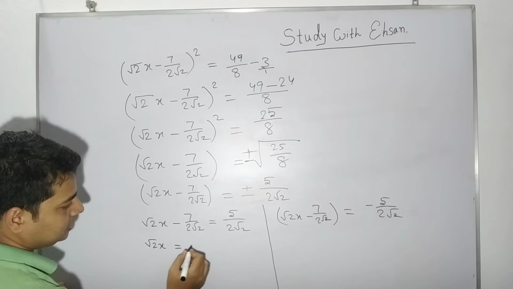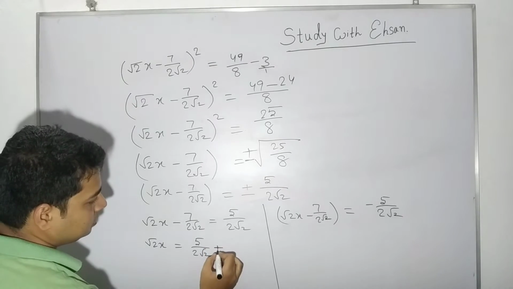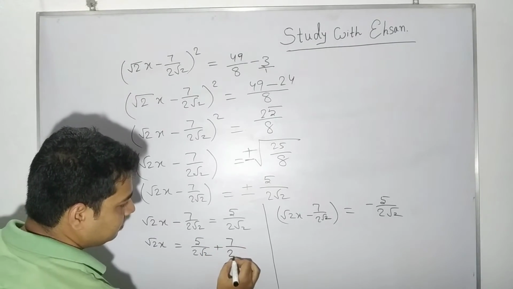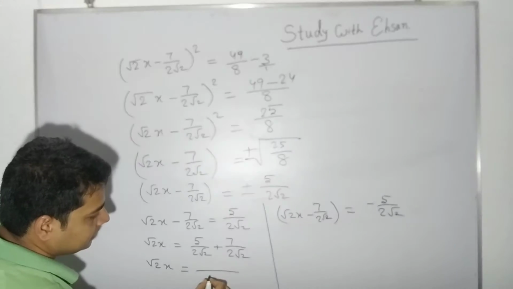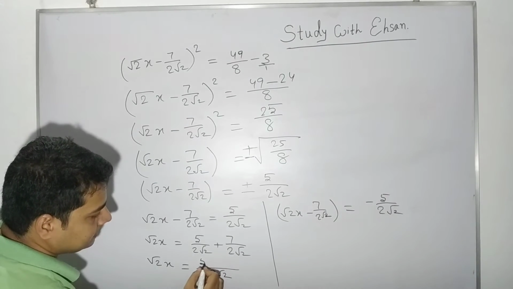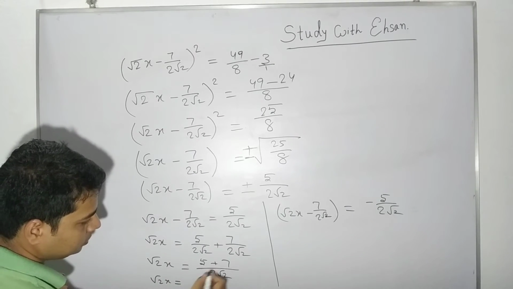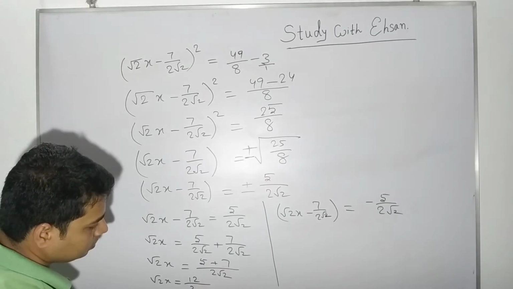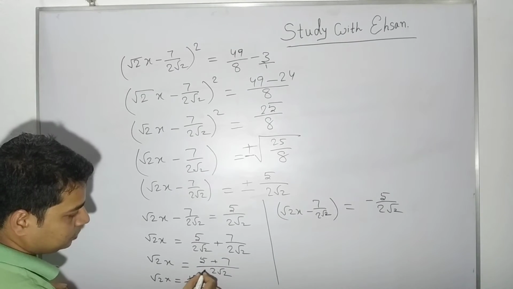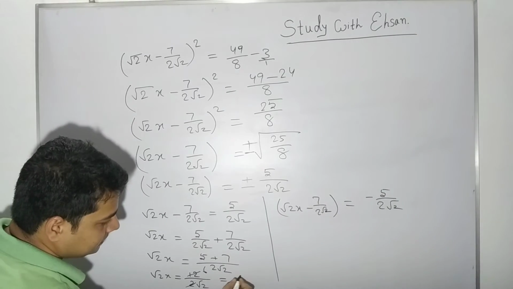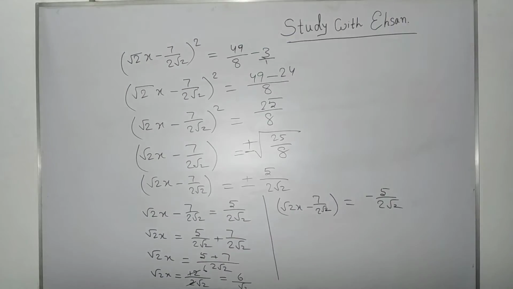Root 2x equal to 5 upon 2 root 2, and minus 7 upon 2 root 2, when it comes here, becomes plus 7 upon 2 root 2. Now root 2x equal to, the LCM is 2 root 2 and it is simply 5 plus 7, so root 2x equals 12 upon 2 root 2. 2 6s are 12, it is 6 upon root 2.